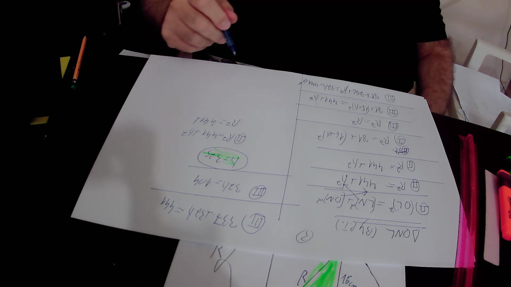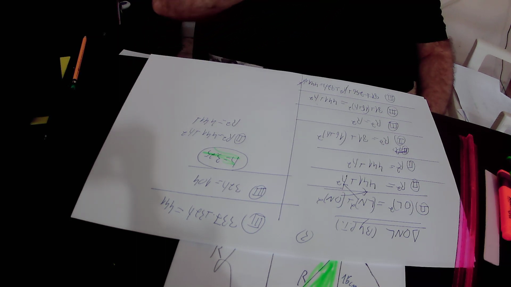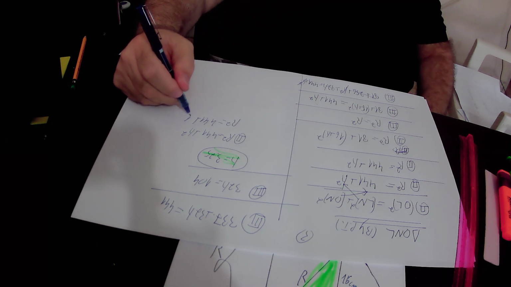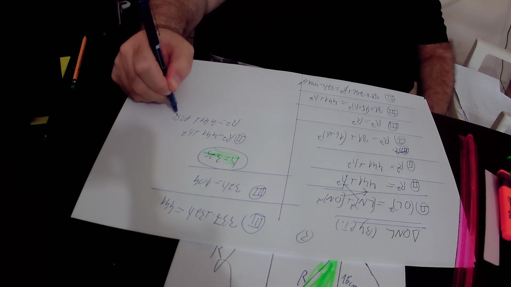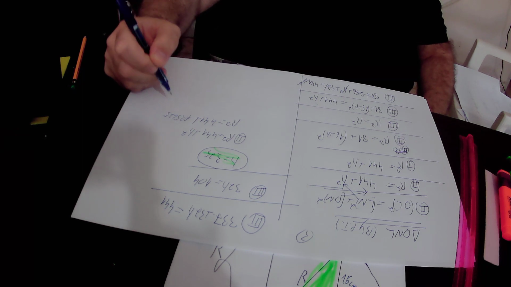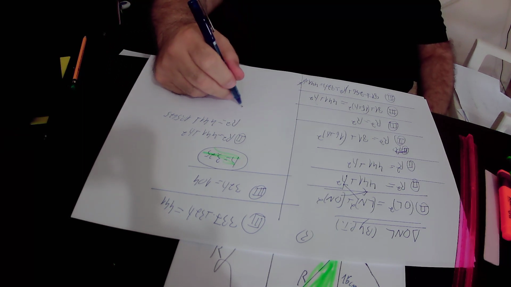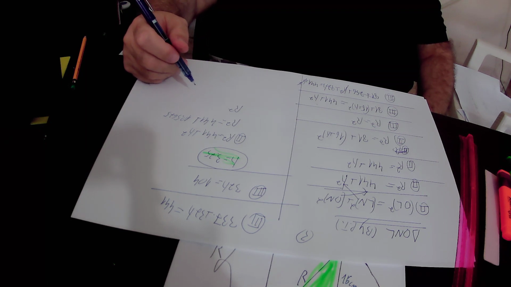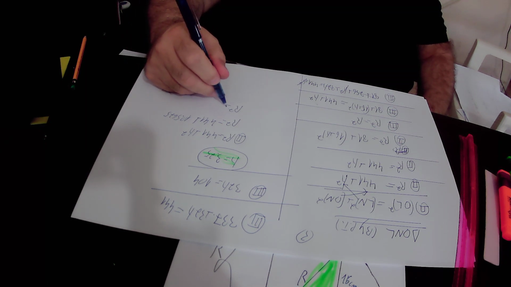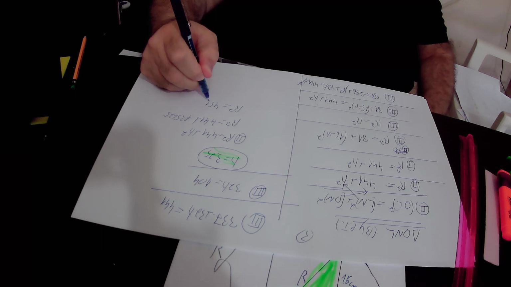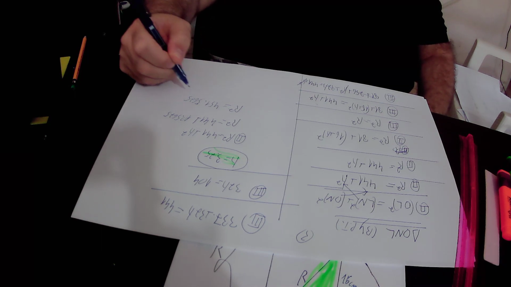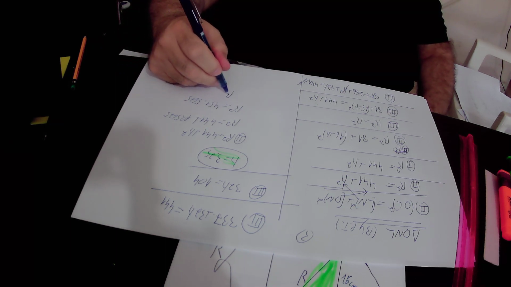H is 3.25, therefore h squared is 3.25 squared, that is 10.5625. Okay, so r squared equals to 441 plus 10.5625, which is equal to 451.5625.